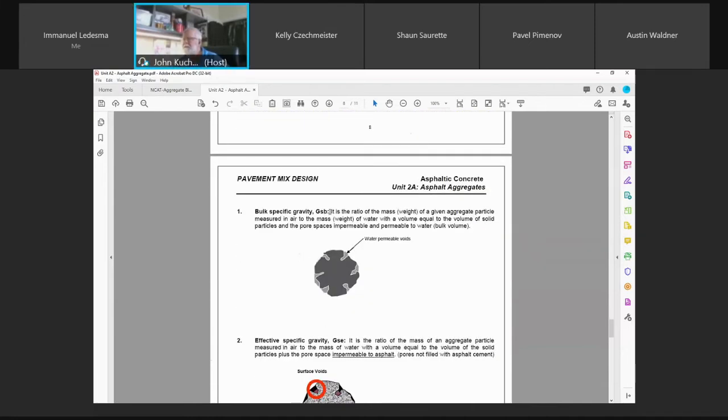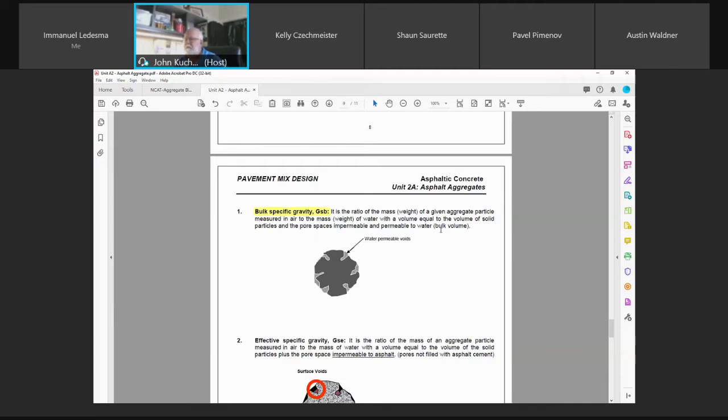This is bulk specific gravity. Bulk, total. It's the ratio of the mass of a given aggregate particle measured in air to the mass, or weight if you're in the States, of water with an equal volume, including the pore spaces impermeable and permeable to water.